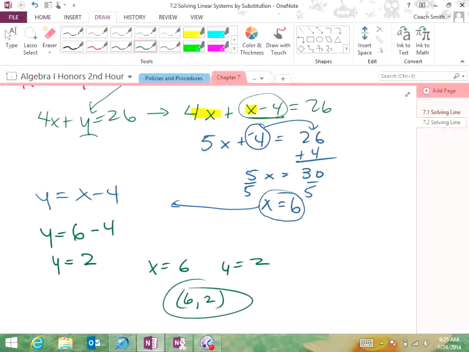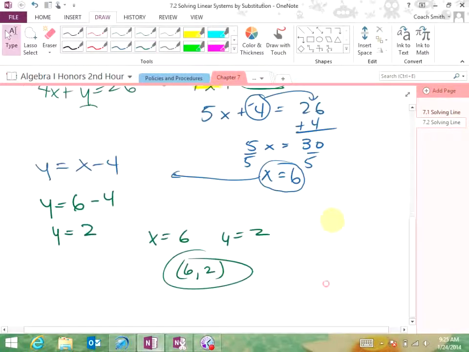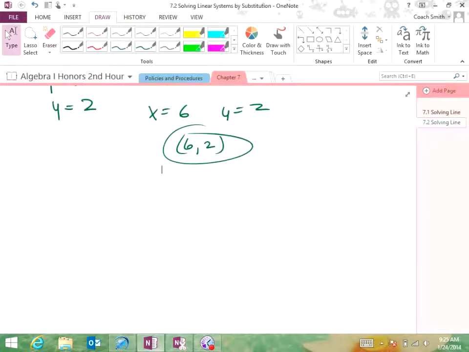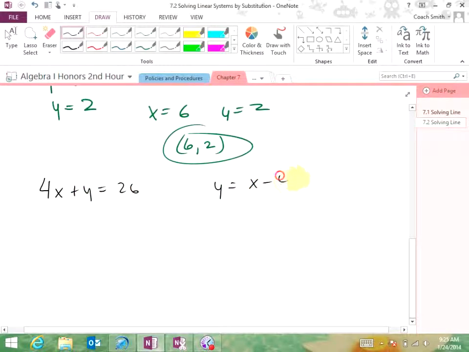Now, to make sure that we've done everything right, we plug in our two values. 4 times 6 plus 2 equal 26, and 2 is equal to 6 minus 4. Remember, this is your x value.